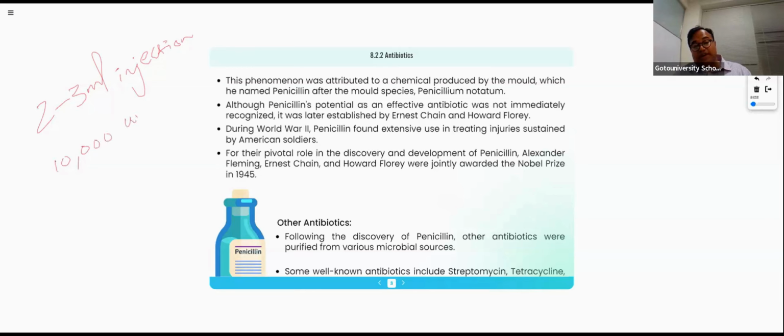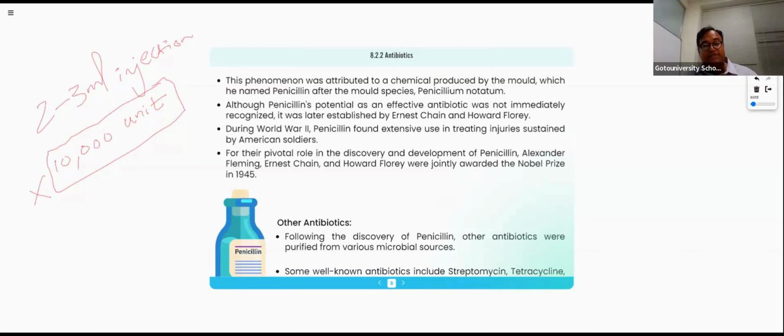We are giving 5 lakh units. Then only the microorganism will die. Why? Because our microorganisms have developed resistance against this penicillin antibiotic in the last few decades. So that is the reason why we are giving a high concentration of penicillin, with specific reference to the number of units in the ml of the injection.